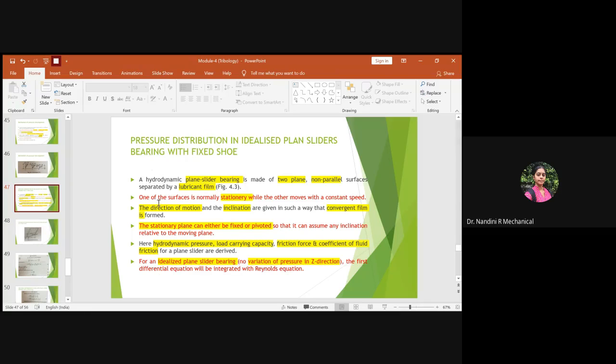With these prerequisite concepts and assumptions, they have taken the Reynolds equation to start with the plane slider bearing derivation. The Reynolds equation we have derived already in the previous classes, right? The same equation is used, differentiated, and further integrated to get the required pressure distribution for the plane slider bearing.